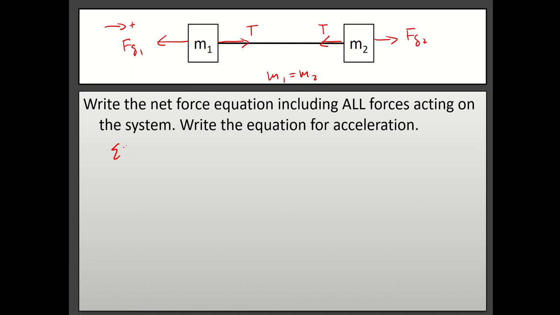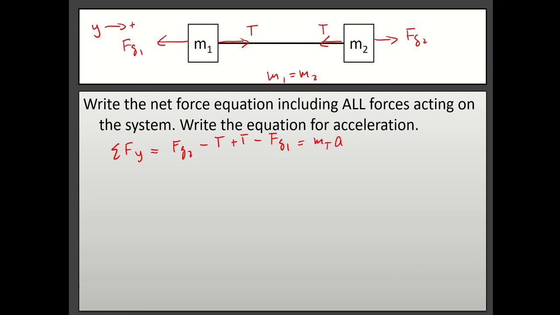So let's write our F net, or in this case, we can say that this is our y-axis, because originally they were hanging vertically. So we can write our FG2 positive minus T plus T minus FG1 equals the total mass, so MT, times the acceleration.